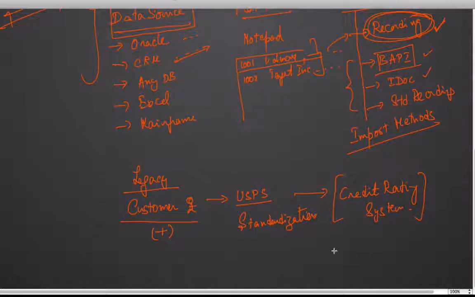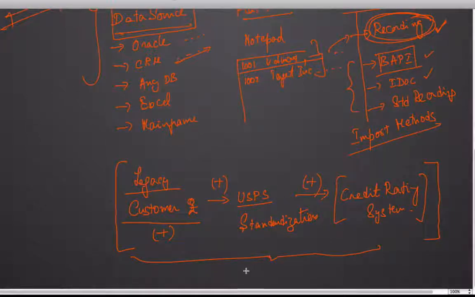So in a sense, my customer data for this case is a combination of the legacy customer data plus data from USPS for address standardization plus data from the credit rating system that gives the credit worthiness of the customer, which is used for risk management and credit management. All put together is my customer data.